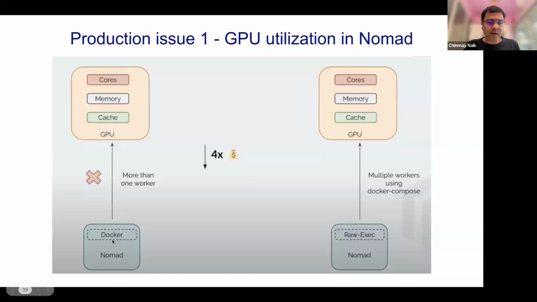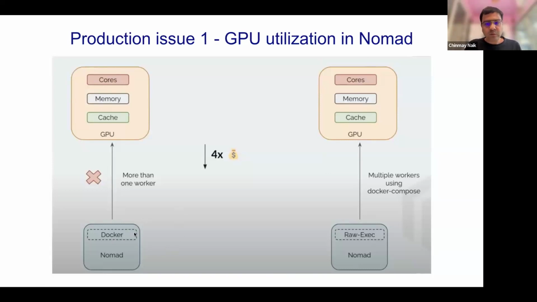But the way the Nomad scheduler works is that it does some sort of pinning to the GPU, and it won't allow other containers on the same VM to use that. So you couldn't run this using Nomad.